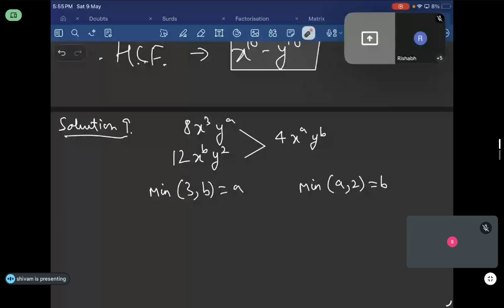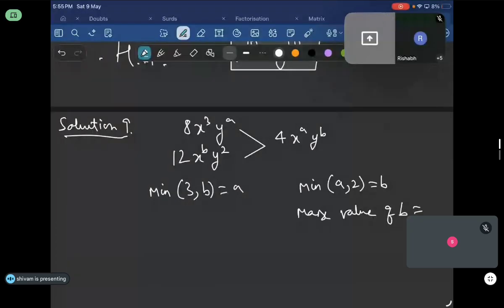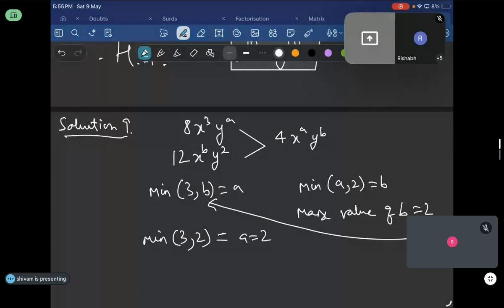That means minimum of 3 comma 2 should be equal to a. What is the minimum of 3 comma 2? 2. Done. So a should be 2 only. There is no other possibility. You can check. So what is the maximum value of a plus b? The maximum value of a plus b should be equal to 2 plus 2, which is 4.